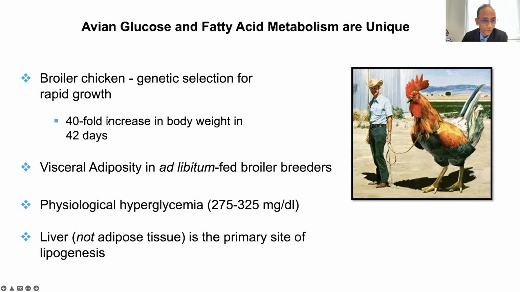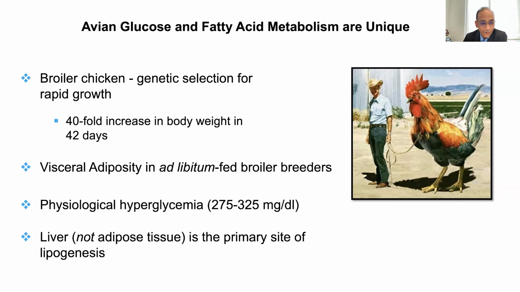So we get a 40-fold increase in body weight in less than 42 days. And this is obviously putting pressure on the broiler breeders, the parents. And as I showed in the last slide, we encounter a lot of visceral adiposity if we feed these broiler breeders in excess of what they need.